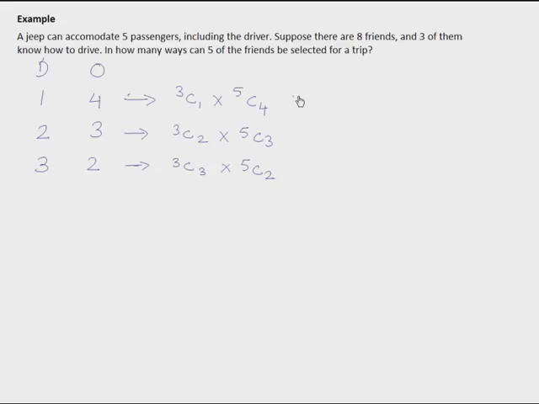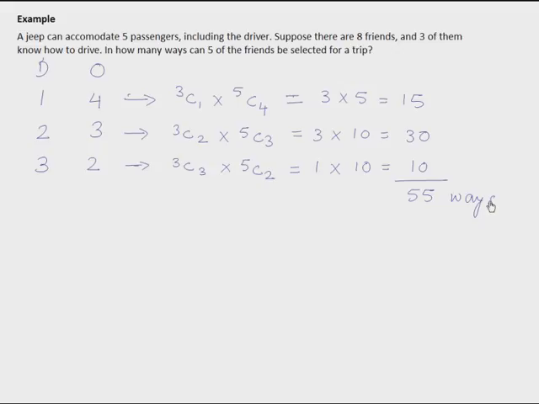Let's quickly calculate it. 3C1 is 3, 5C4 is 5, that gives me 15. 3C2 is also 3, 5C3 is 10, that gives me 30. 3C3 is surely 1, and 5C2 is the same as 5C3, so that's also 10, that gives me 10, and the total is 55 ways.